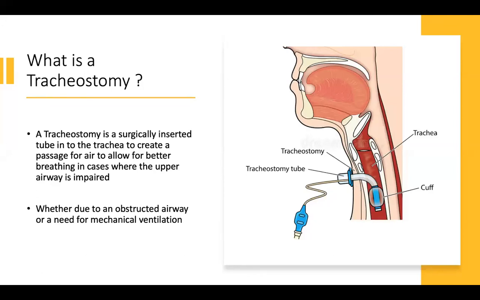If a patient cannot properly ventilate themselves and cannot maintain proper lung ventilation, probably due to an upper airway obstruction, maybe there's a tumor or stenosis, or if the patient is having lung failure or their lung is collapsing and they need mechanical ventilation, then they would insert a trach to allow for proper ventilation, and so they would hook the mechanical ventilation to that trach.